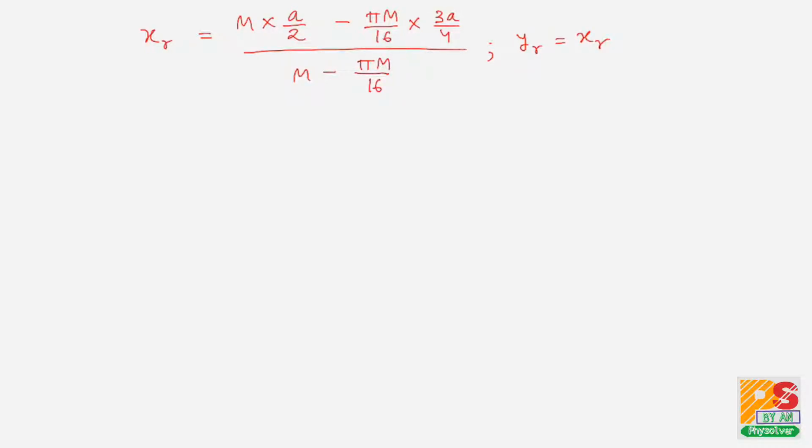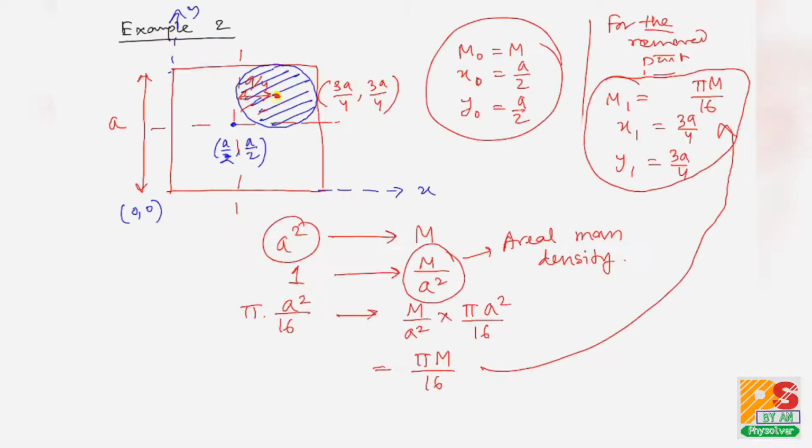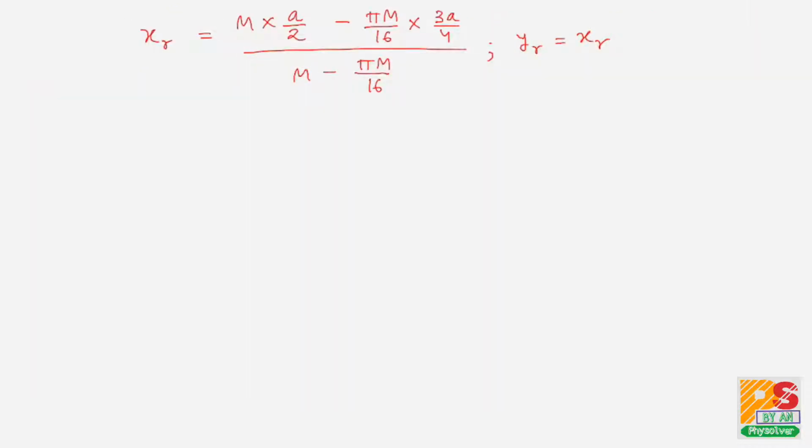I hope you understand. I will not finish the calculation completely because I just want you to understand the process of finding center of mass of the remainder. I hope you understand this example.